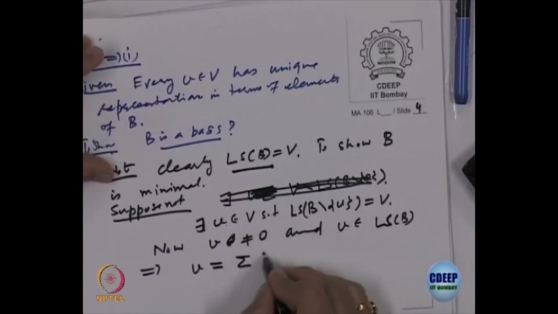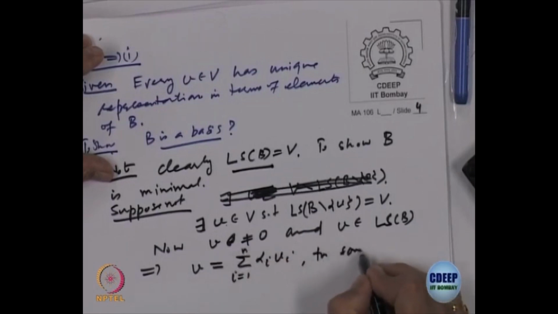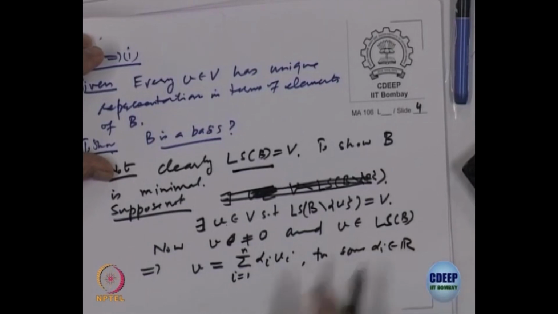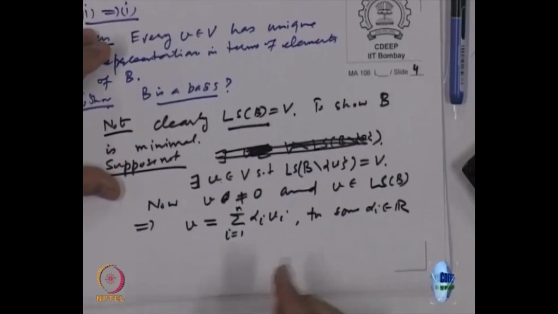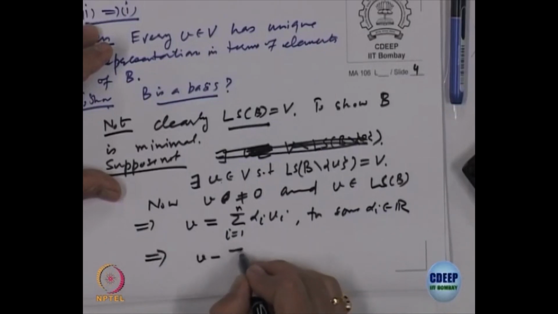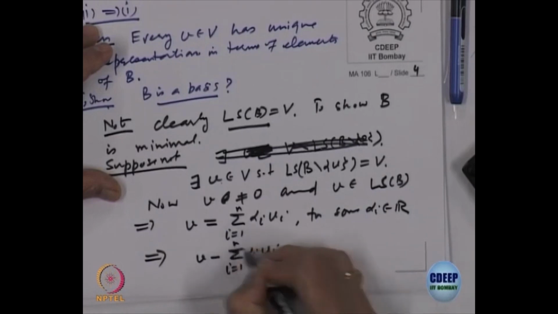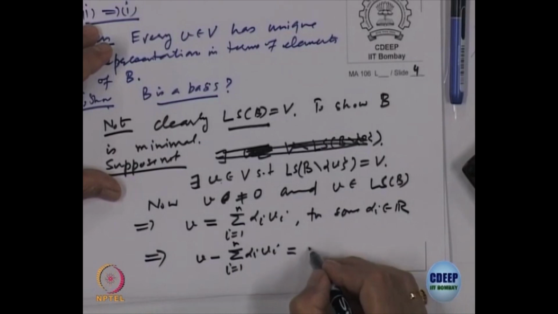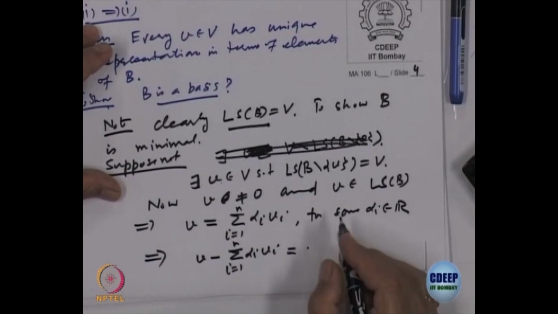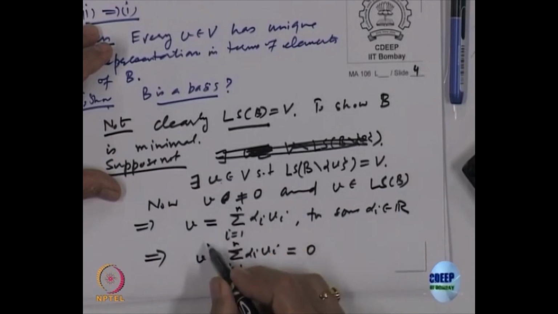So, let us say it is sigma alpha i V i, i equal to 1 to n, for some scalars alpha i, right. But that means what? If I take everything on one side, V minus sigma alpha i V i, i equal to 1 to n, is equal to the 0 vector, right.